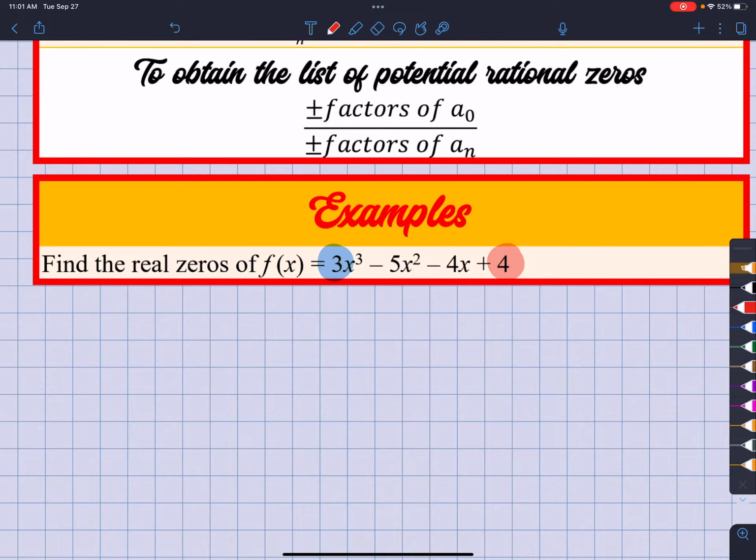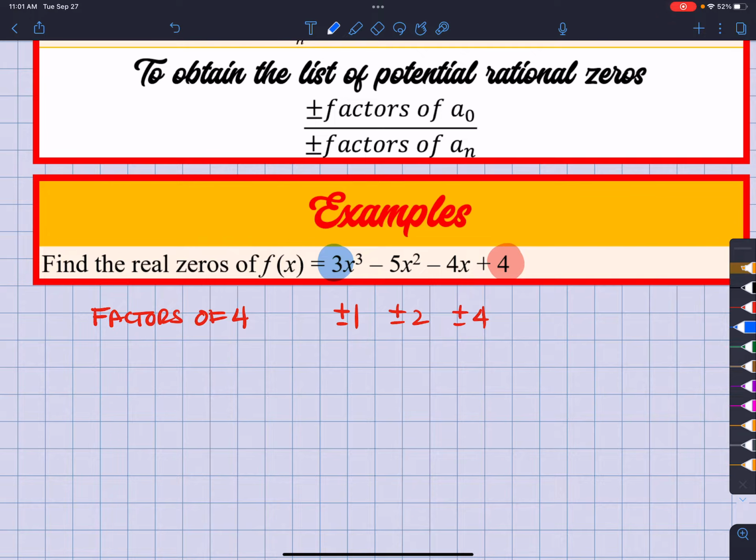So the factors of 4: those are going to be plus or minus 1, plus or minus 2, plus or minus 3, and plus or minus 4. Those are all factors of 4.